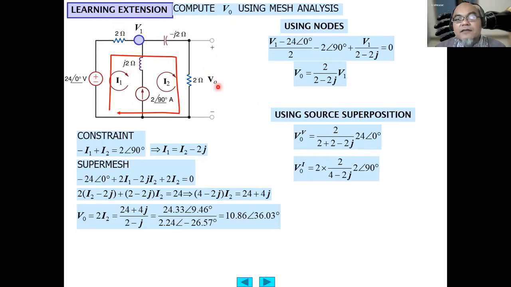Then we can calculate using the current divider formula: 2 times 2 divided by 4 minus 2J, times 2 ampere with a phase angle of 90 degrees. Then the V output will be the superposition of the V output due to the voltage source and the one due to the current source.